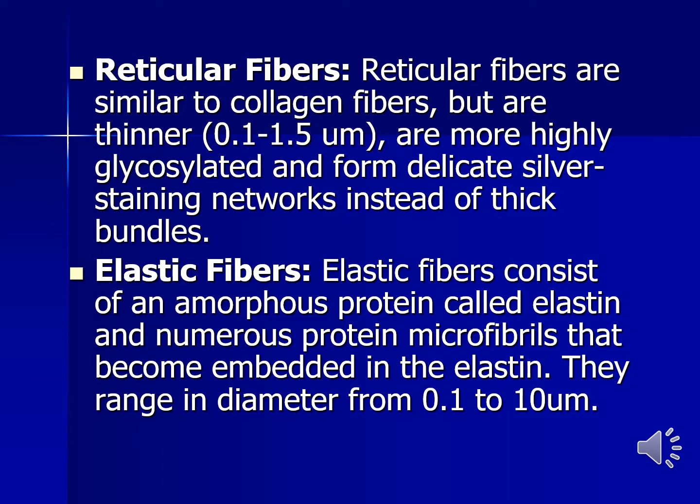Elastic fibers consist of a specific amorphous protein, elastin, and protein microfibrils, which are included in the specific ground substance of elastic fibers. The diameter of an elastic fiber is from 0.1 to 10 micrometers.